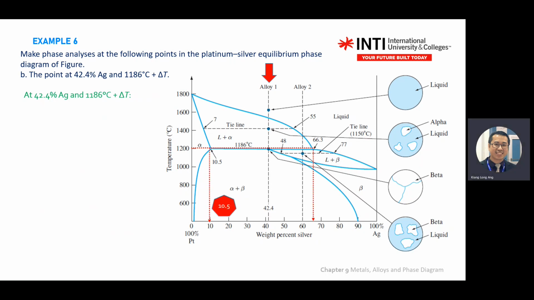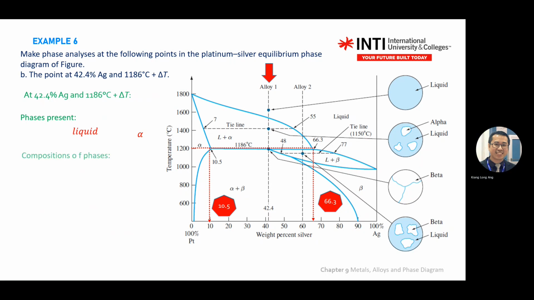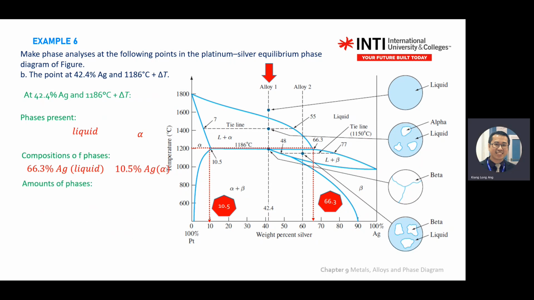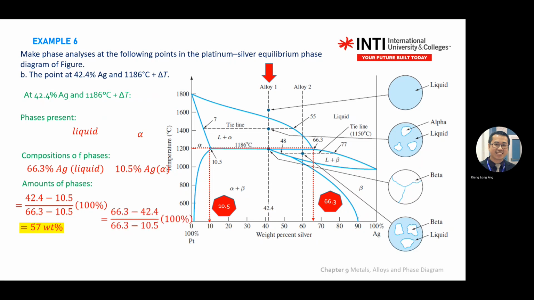So you read from the graph the composition of both ends. First, the phases: liquid and alpha, or alpha and liquid, same. Then composition, read from the graph. Amount of phases, do the same calculation, get the three points, and then you get the ratio. Still the same, nothing complex here. The challenging part is to identify where your peritectic line is.